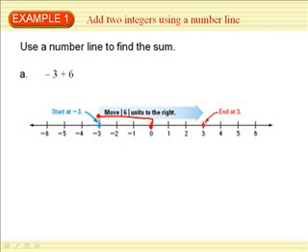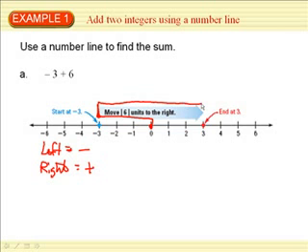Then the next number tells me to move to the right because it's positive. Okay, left. You move left when it's negative. You move right when the number is positive. And then go 6, that'd be 3, 4, 5, 6, and you'd end at 3. So -3 plus 6 is +3.